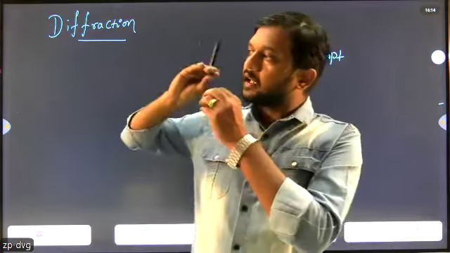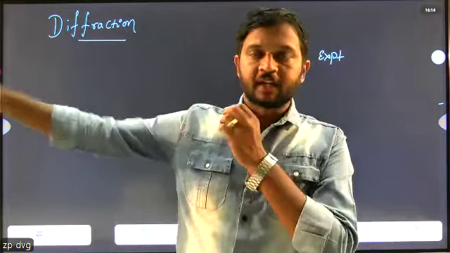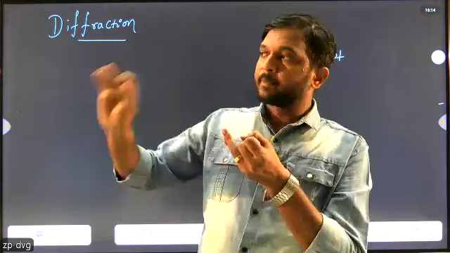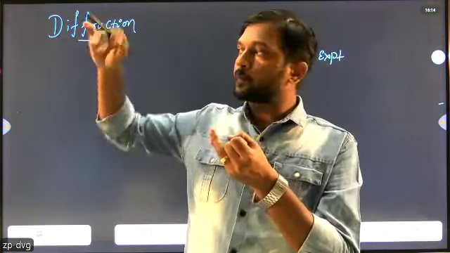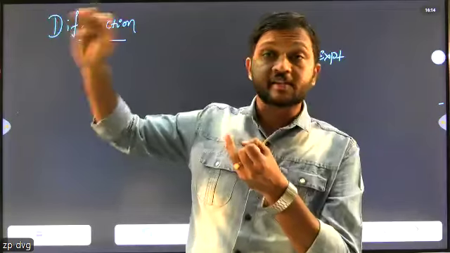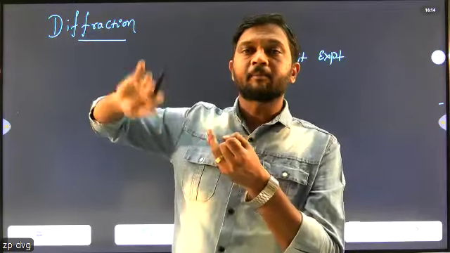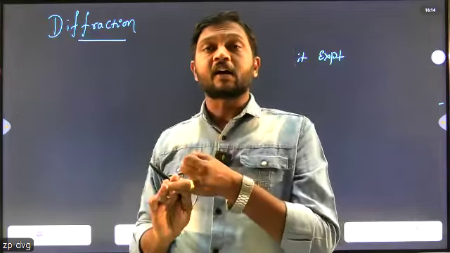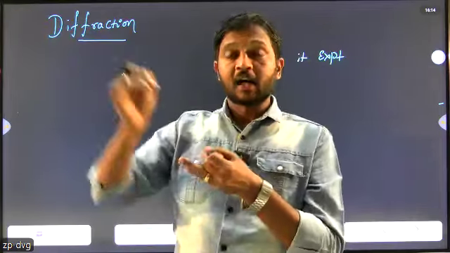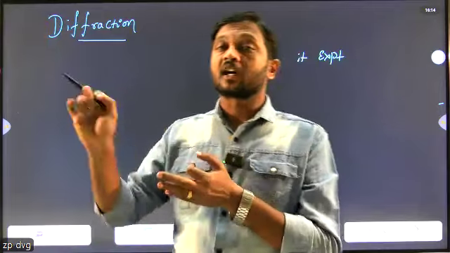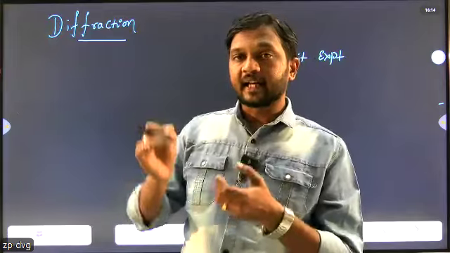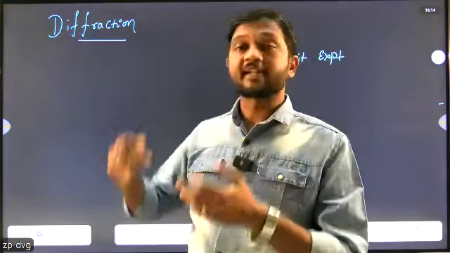The central fringe is always bright. The widths of bright and dark fringes are always the same, and alternate bright and dark fringes have the same width. The intensity of all bright fringes is the same, and the intensity of all dark fringes is 0. These are the characteristics of Young's interference fringes.